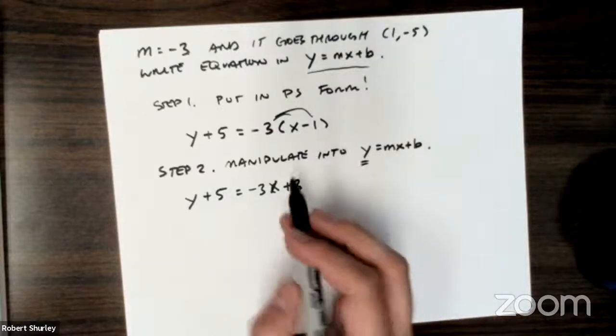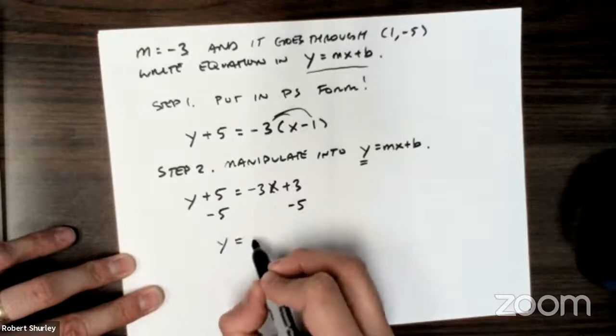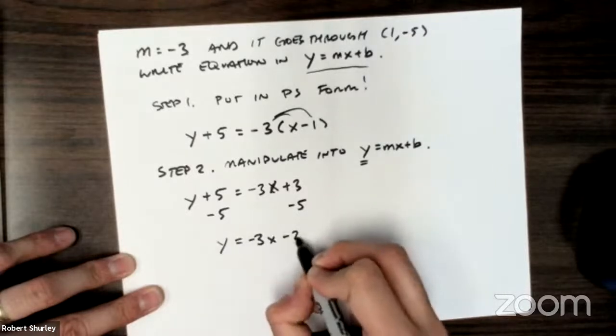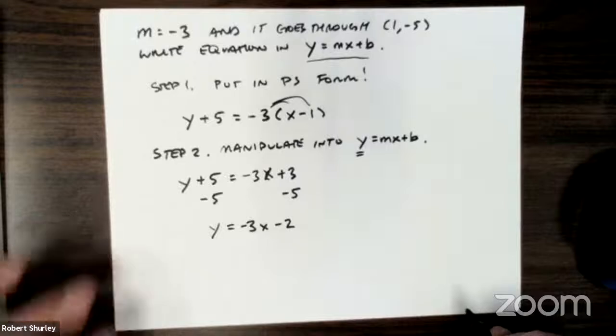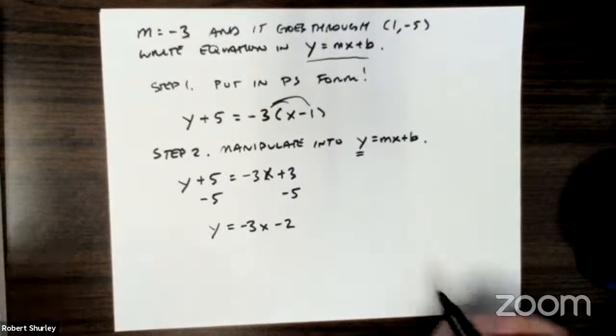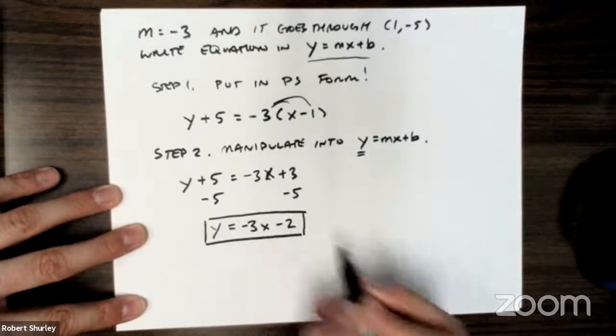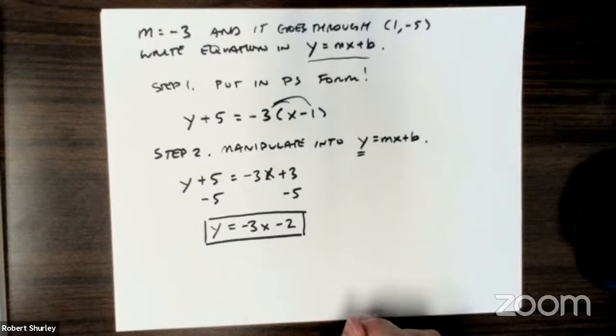I just want this y by itself. So I'm going to subtract 5, and I get y equals -3x minus 2. Boom. Kind of cool. I'm going to box that in. Questions, comments, concerns?